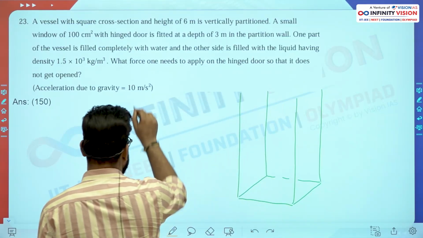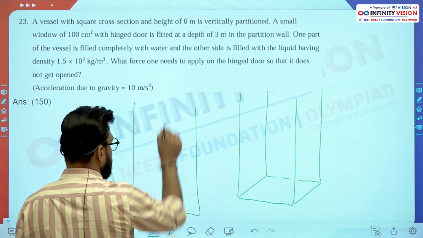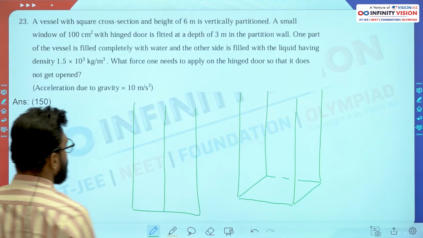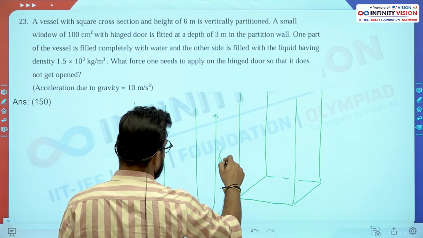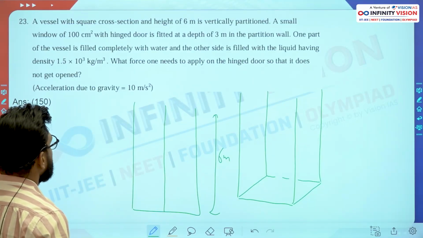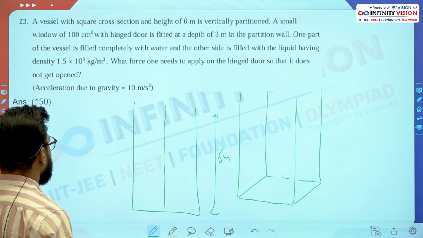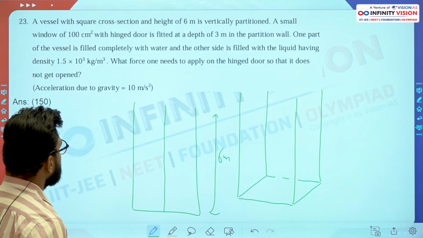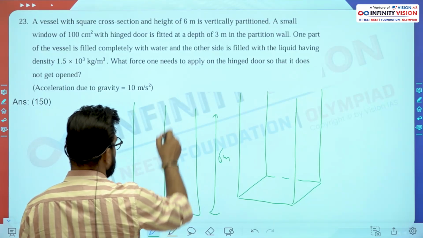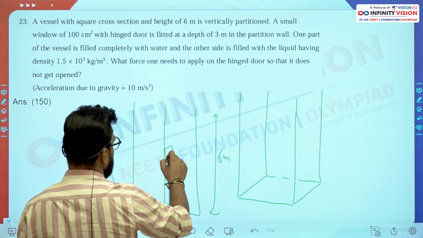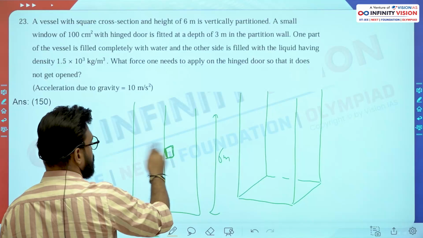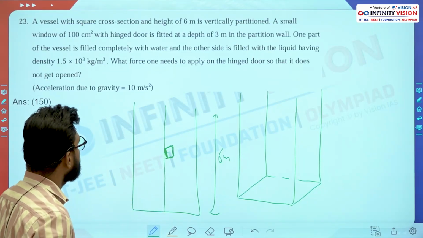From the front, if I draw it, it is divided into two equal parts. It is having a length of 6 meter. At a depth, a small window of 10 centimeter square with a hinged door is fitted at the bottom, at 3 meter in the partition wall.